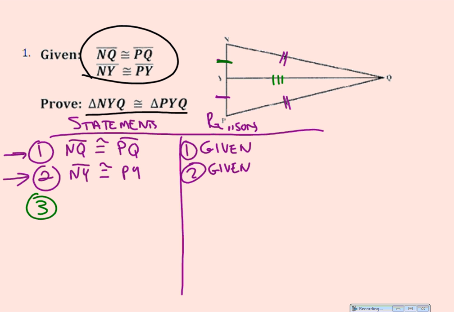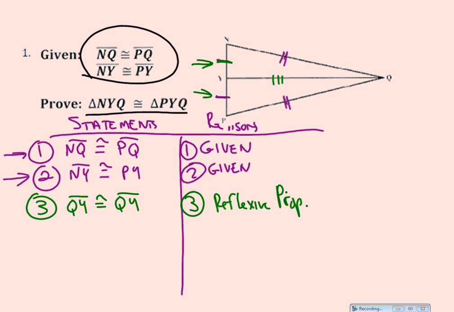So it's part of both triangles. So I can say QY is congruent to QY by the reflexive property. That's a property, it's an R, not an I. So once I've proven that, I can say these two triangles are congruent because these two sides are congruent to each other.